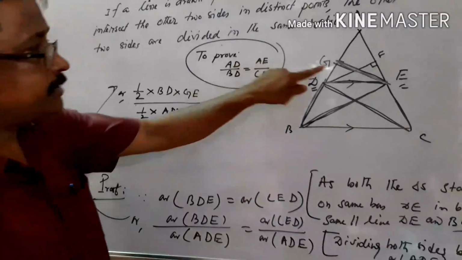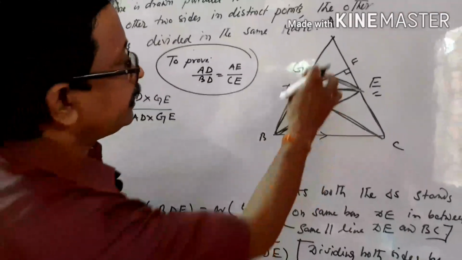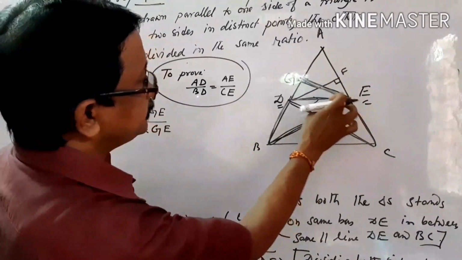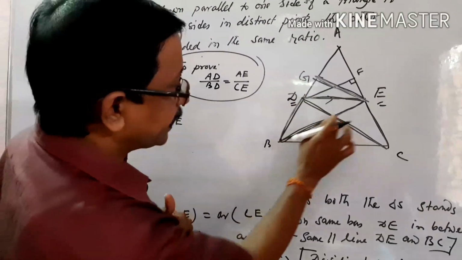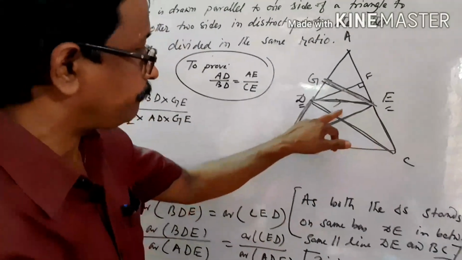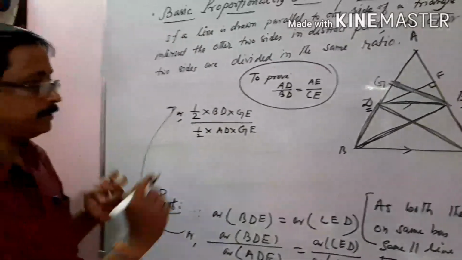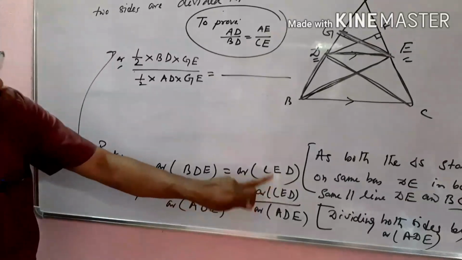Okay. In case of this triangle and this triangle, one thing you just notice. In case of triangle ADE, GE is the interior altitude. But in case of triangle BDE, GE is the exterior altitude of the triangle BDE. Just remember that.